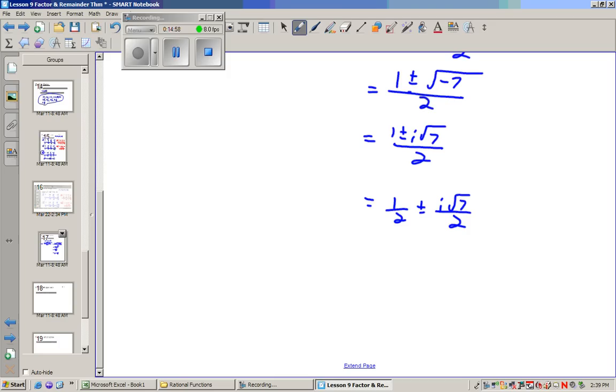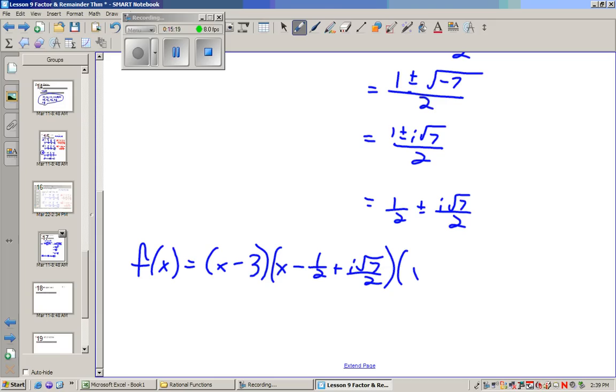So I could write this as a product of linear factors, saying this is x minus 3, because it was at plus 3, and then x minus 1/2 plus i root 7 over 2, and then x minus 1/2 minus i root 7 over 2.